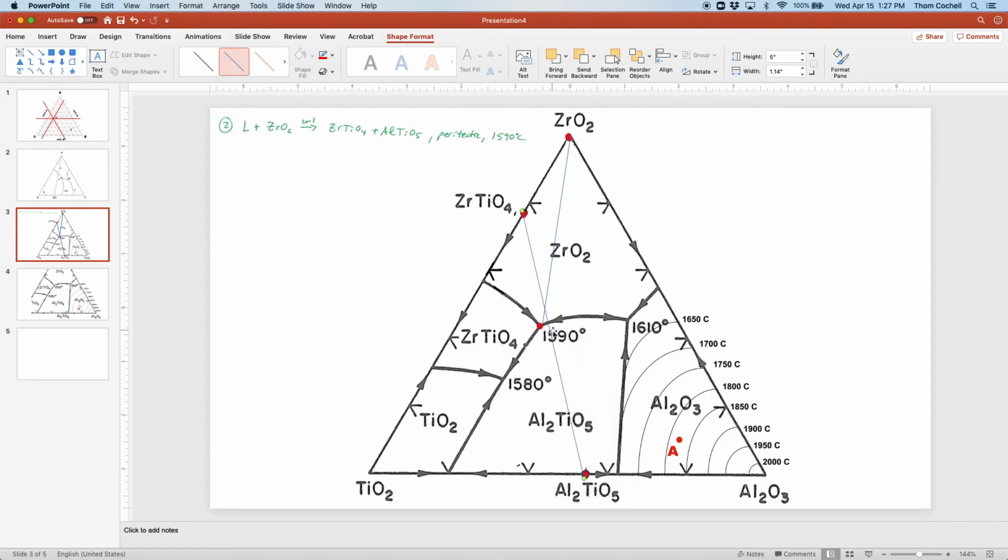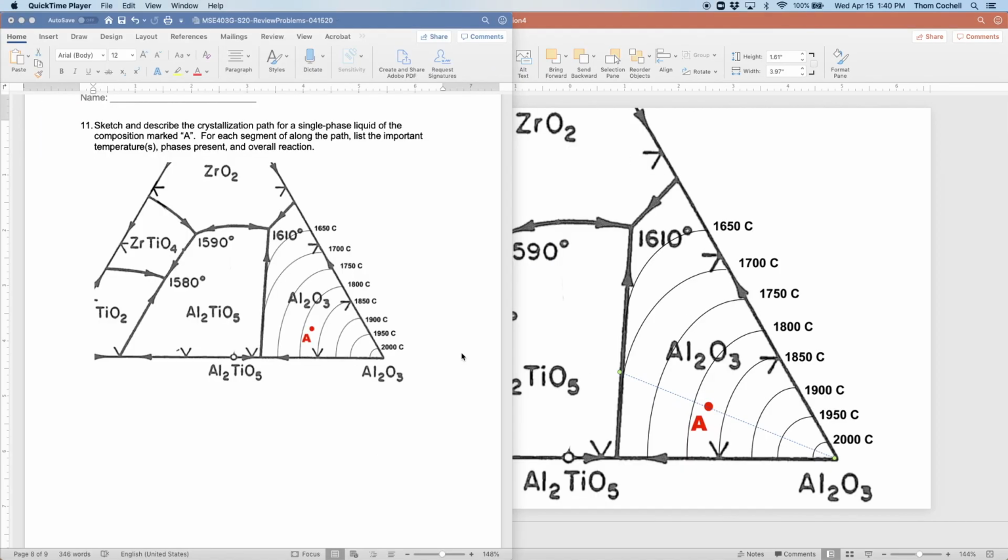See, these 2 now cross. And so this tells us correctly that we have liquid plus ZrO2, and those are the ones that are consumed, and they're producing ZrTiO4 and Al2TiO5. And it tells us the amounts here of this line, and then this section and this section tell us relatively how much is being consumed of each of those phases.